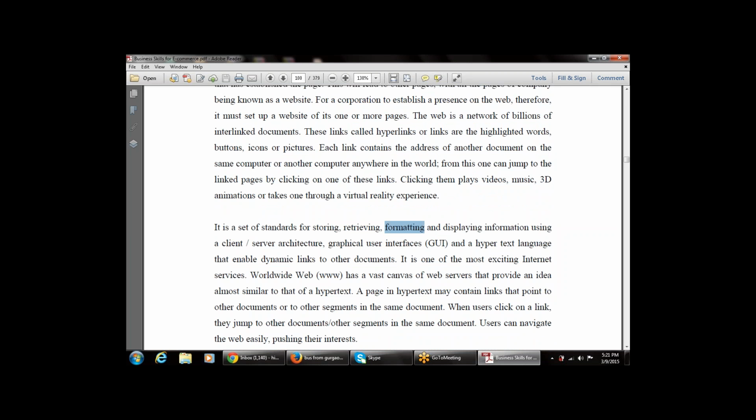It is a set of standards for storing, retrieving, formatting and displaying information using a client-server architecture. So it is a set of standards used for storing, retrieving, formatting and displaying information that uses the client-server model. That is based on the GUI and the hypertext language that enables dynamic links to other documents.